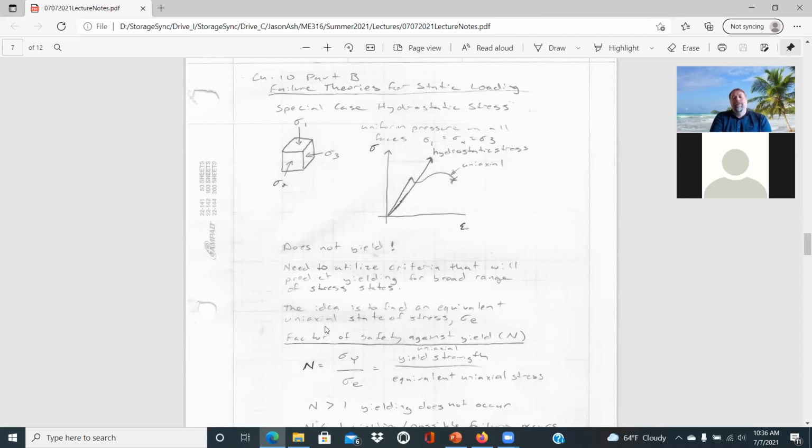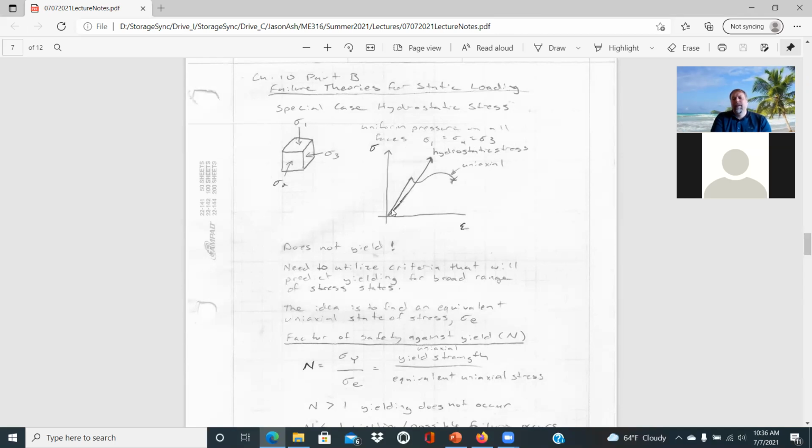And so we can look at a special case of that with hydrostatic stresses, where we have an equal pressure on all faces. And we have a uniform compressive stress on each face, sigma 1 equals sigma 2 equals sigma 3. And so those are compressive. We'll just look at the plotting of the magnitude of stress versus strain.